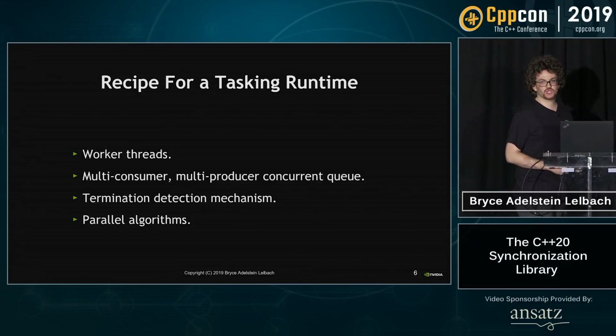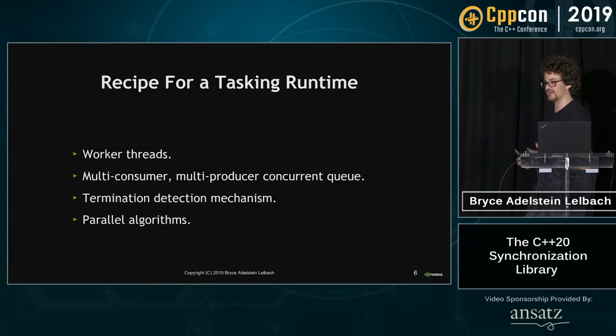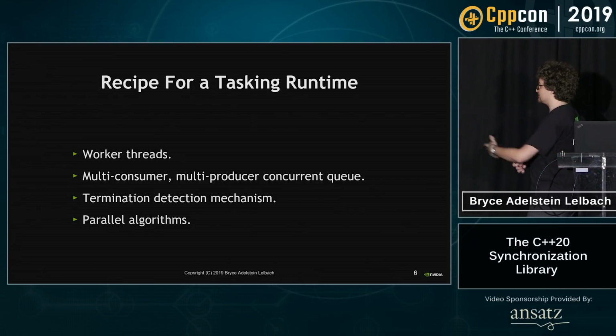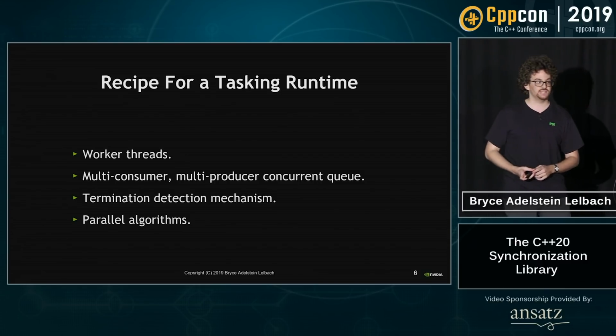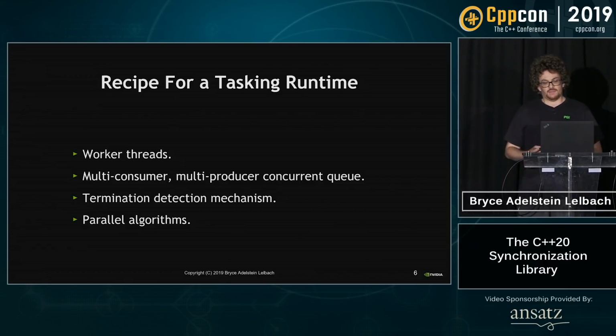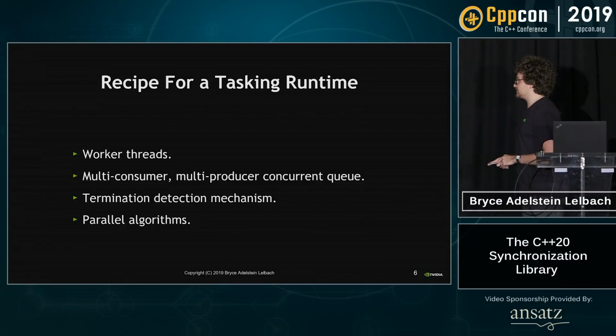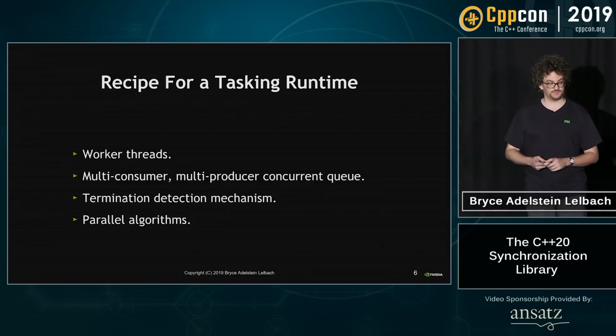Then we need some sort of termination detection mechanism. This seems like it might be a little detail or an afterthought that doesn't really belong on the list of major features of this tasking runtime, but it's actually pretty tricky to get this part right. And then we're going to build some facilities on top of our little tasking runtime, some parallel algorithms.